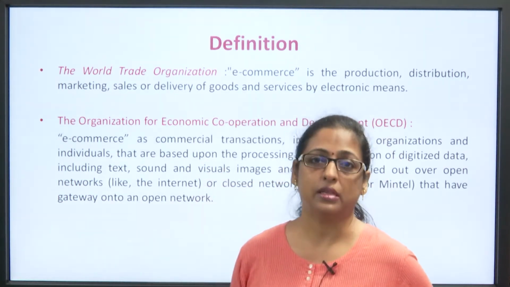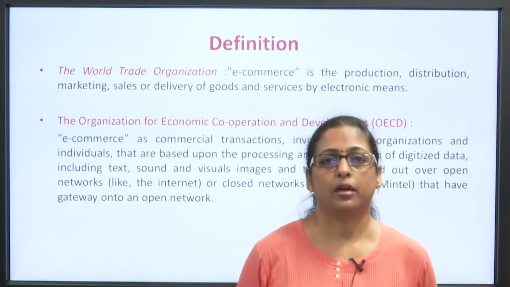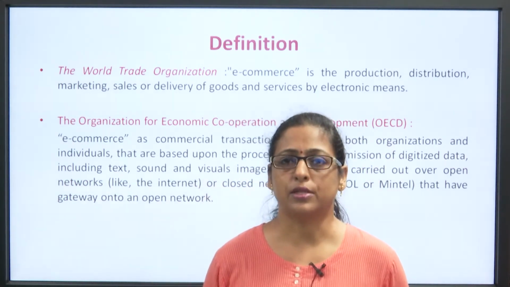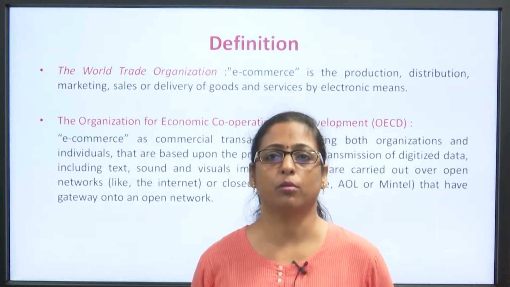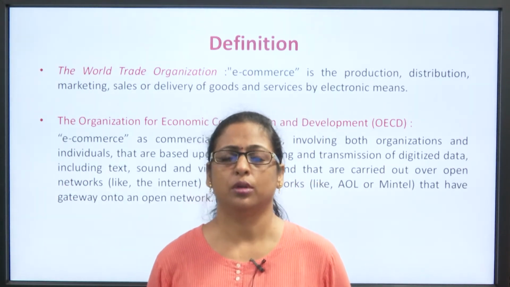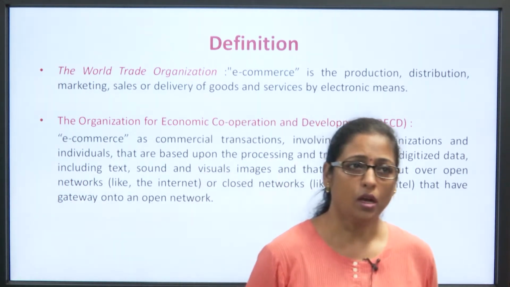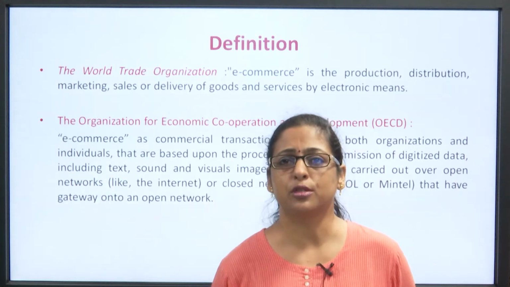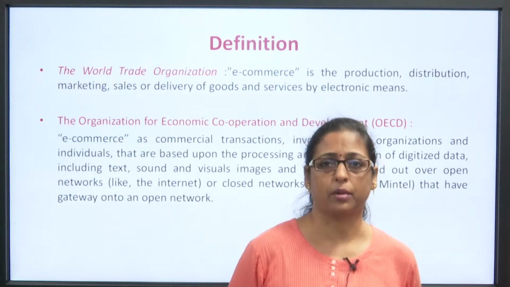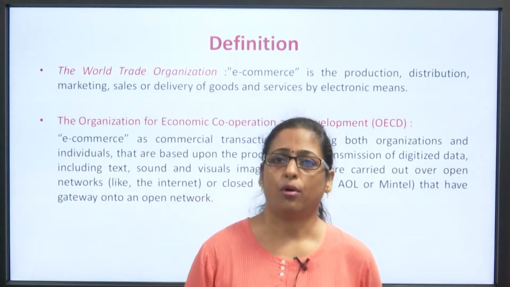So, what does this basically mean? This means that OECD says this is a commercial transaction in which the transfer of data is in the form of digital data, and that data could be information, visuals, sounds, anything that the company wants to communicate. They are basically trying to say that it is in replacement of the print and electronic media, and this could be carried out on any kind of network.